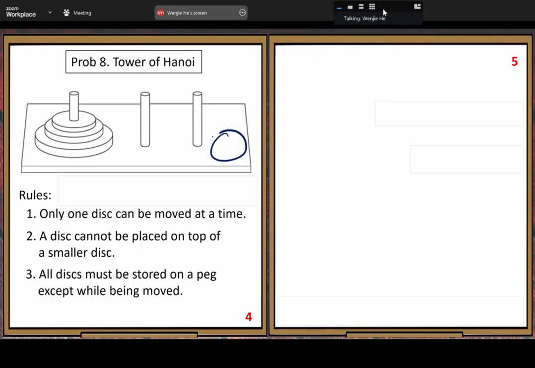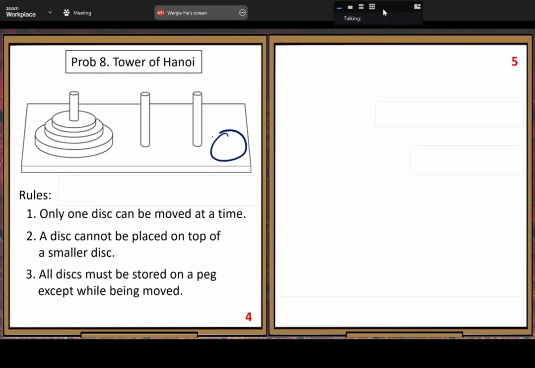In the move, in the air, it's okay. But when you place it somewhere, you have to place it on one of the 3 pegs.